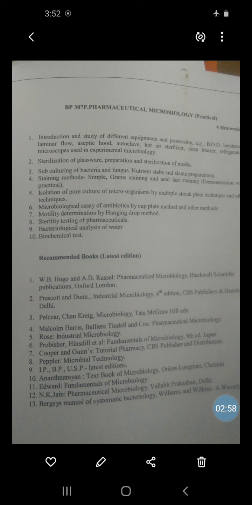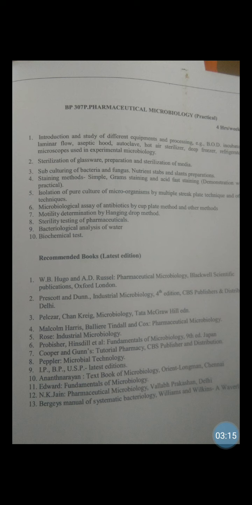Keep in mind, carbol fuchsin is the primary stain, acid alcohol is the decolorizer, and methylene blue is the counter stain.